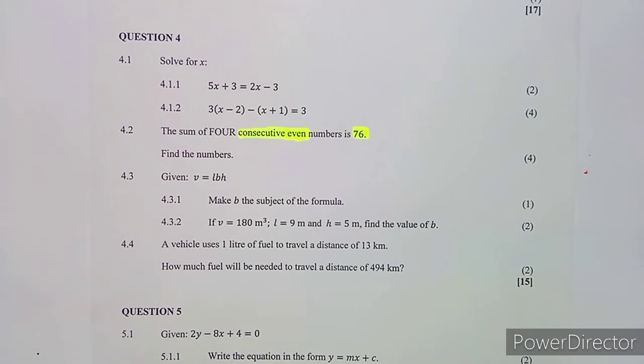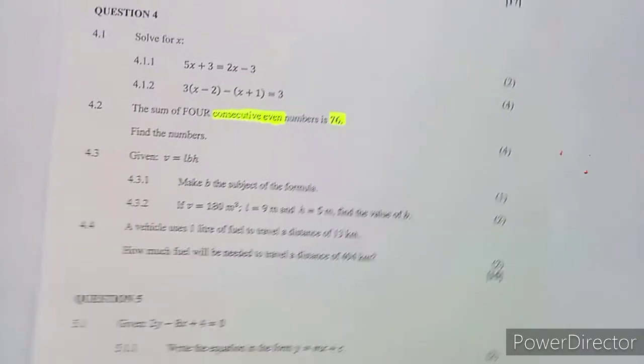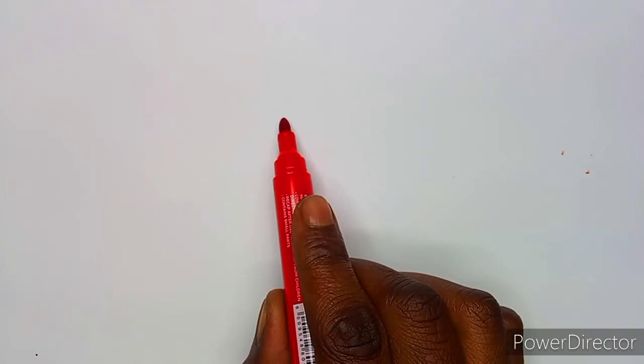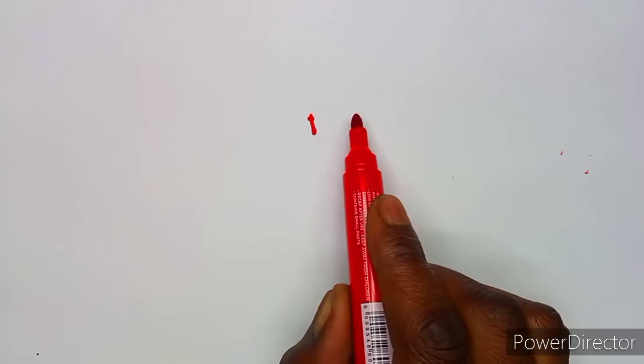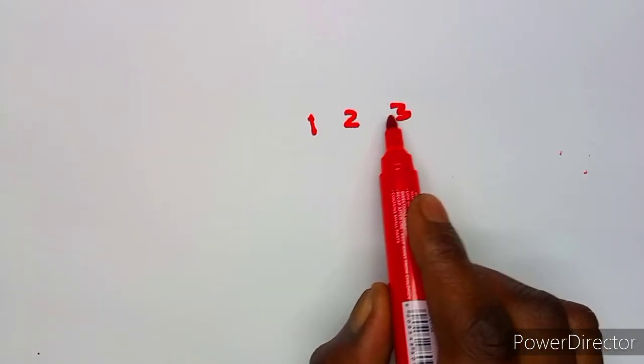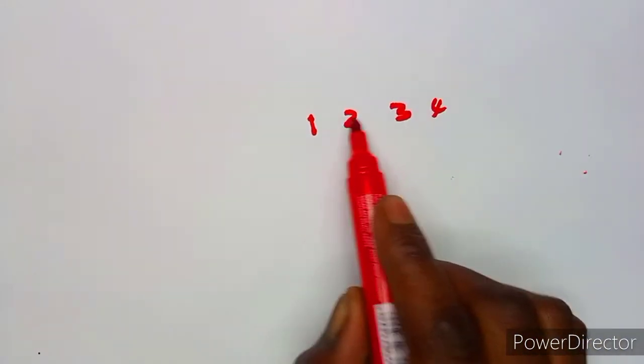We know that consecutive numbers are numbers which follow a certain pattern, separated by a certain difference which is the same. Just like we've got 1, 2, 3, separated by 1. So as you can see, that is being consecutive.